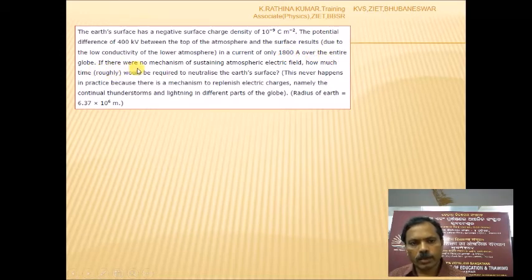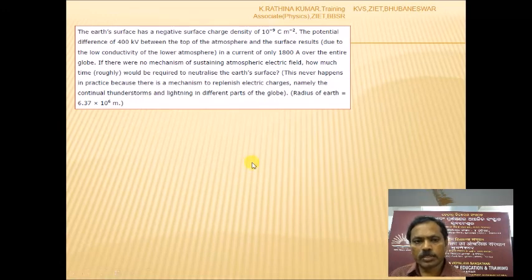If there were no mechanism of sustaining the atmospheric electric field, how much time roughly would be required to neutralize the Earth's surface? This never happens in practice because there is a mechanism to replace electric charges, namely the continuous thunderstorms and lightning in different parts of the globe.